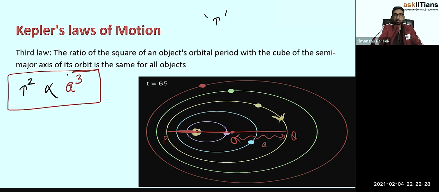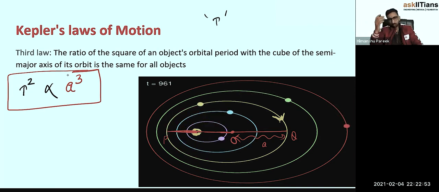That's what Kepler's third law of motion says. So Kepler's first law talks about elliptical orbits. The second law says the aerial velocity remains constant. The third law says the time period of the elliptical orbits is related to the semi-major axis.